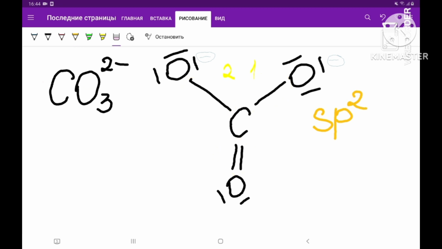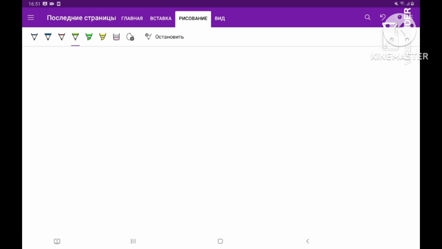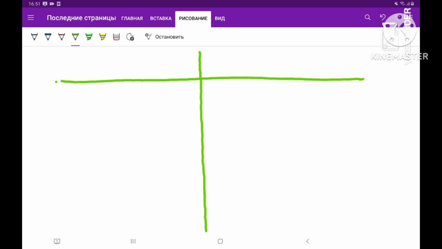To simplify, let's find a rule between hybridization and how many bonding areas we have. On the right side I will write the number of bonding areas, and on the left side I will write the type of hybridization.